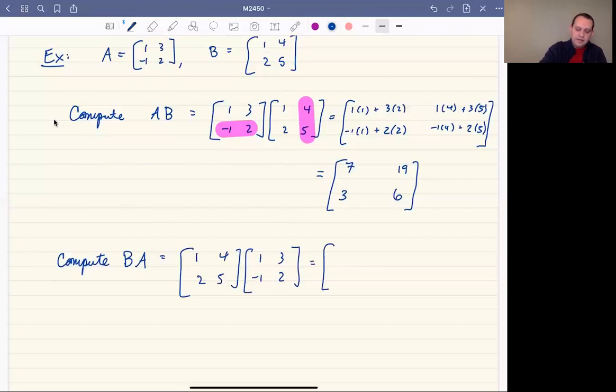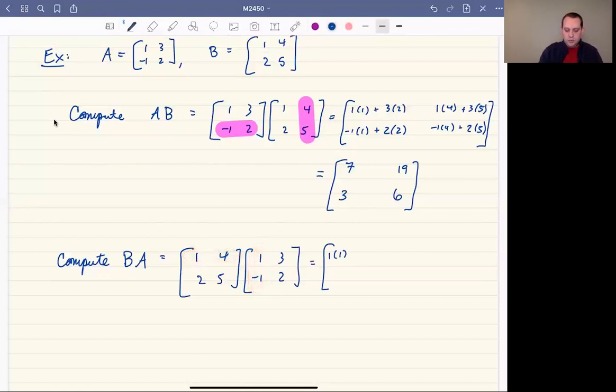I'm not going to highlight this anymore. But we're going to take 1, 4, and then 1, negative 1. Sorry, I misspoke before. So just to clarify, we're taking the row here, 1, 4, times 1, negative 1.